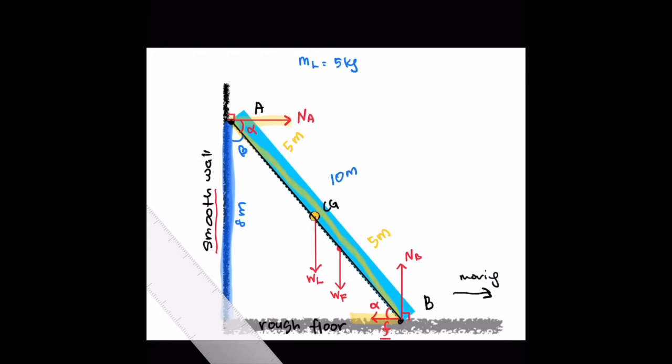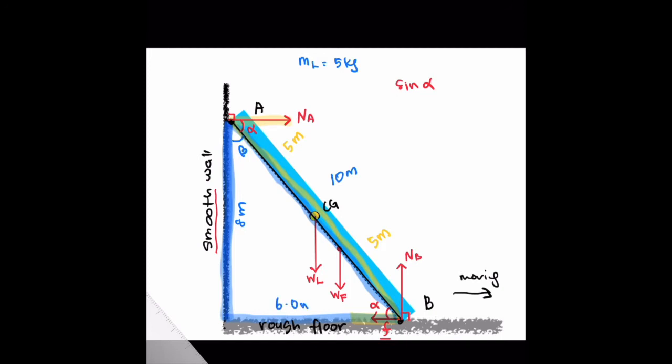If we want to find sine alpha, we need to use this trigonometry. We have 10, we have 8, and here is 6. Then we find sine alpha from this one.